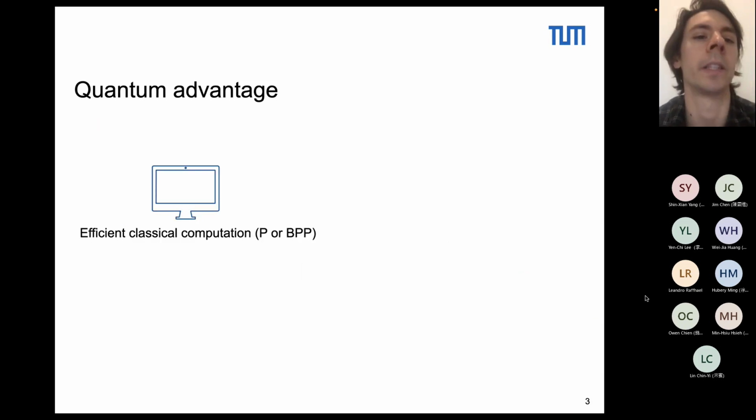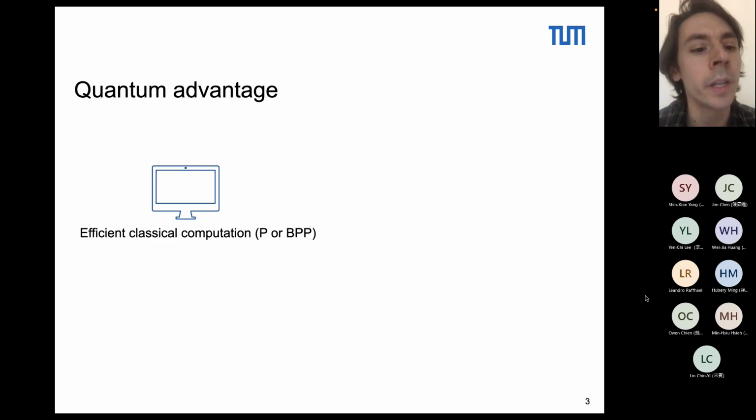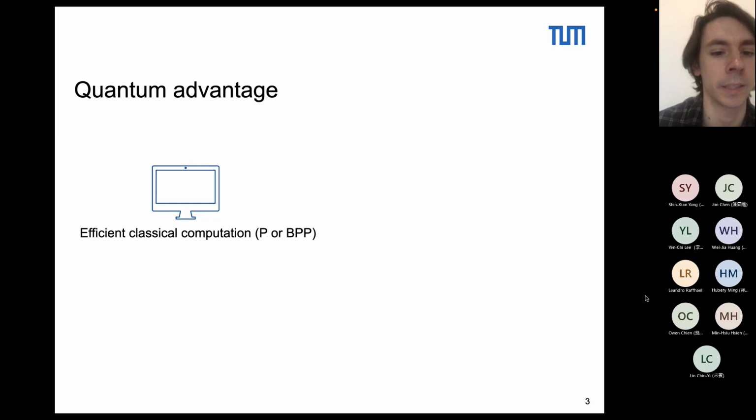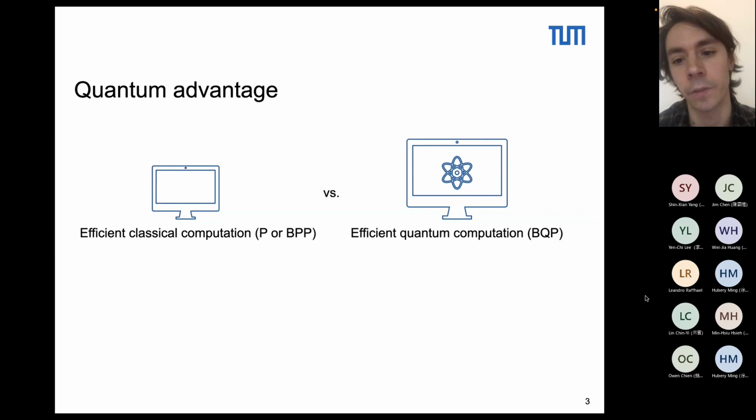So first, quantum advantage. For a long time, quantum advantage was mainly the study of efficient computation. The idea was to separate the class of efficient classical computation, which is P or BPP, polynomial time or bounded error probabilistic polynomial time, versus efficient quantum computation, which is BQP.